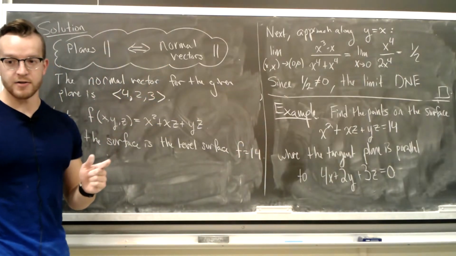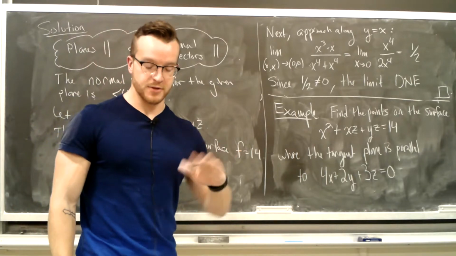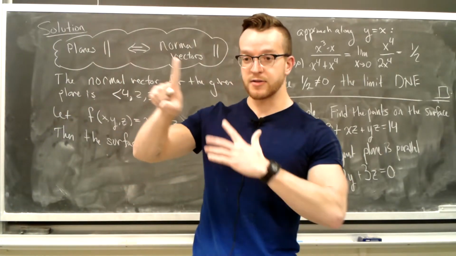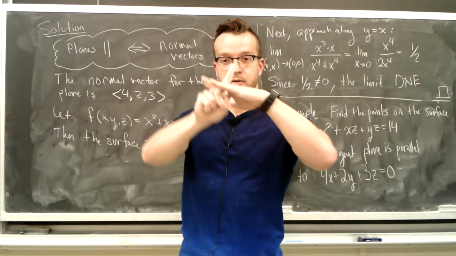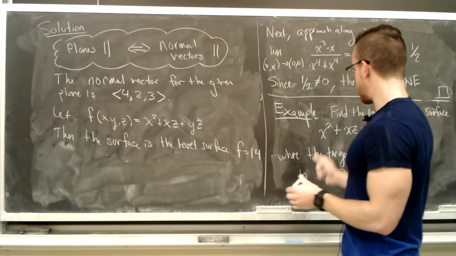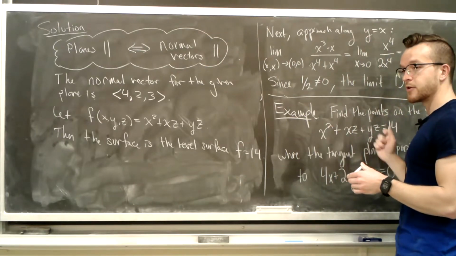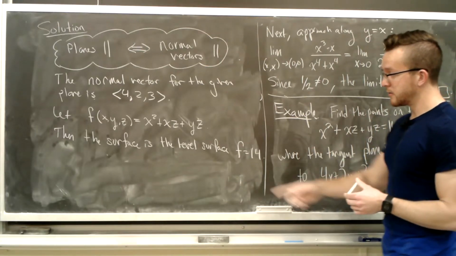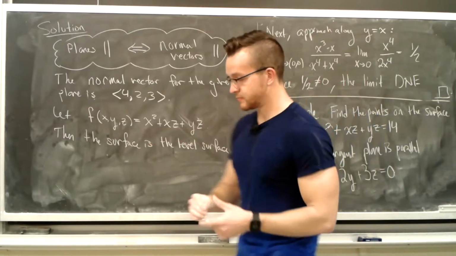We know that the gradient is always perpendicular to level sets. So to get a vector perpendicular to this surface, which is what we want, we can take the gradient.